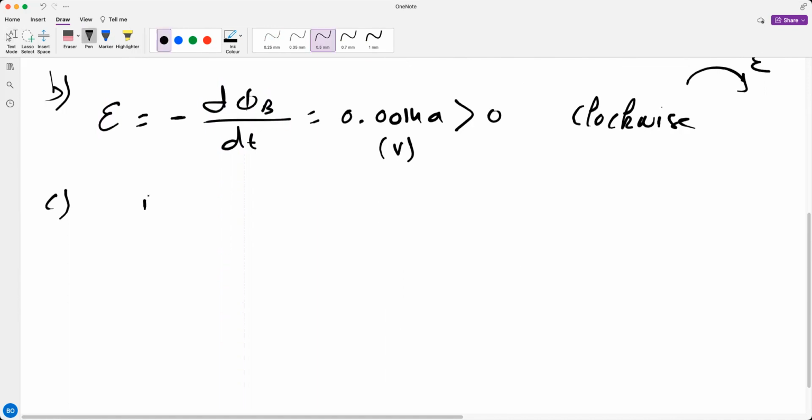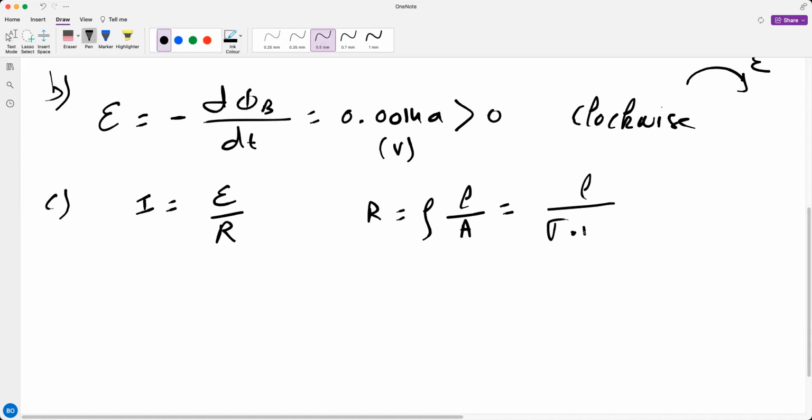The current is the induced EMF divided by the resistance, and the resistance is easy to calculate. It's the length divided by the conductivity times the area, so L over sigma times A.